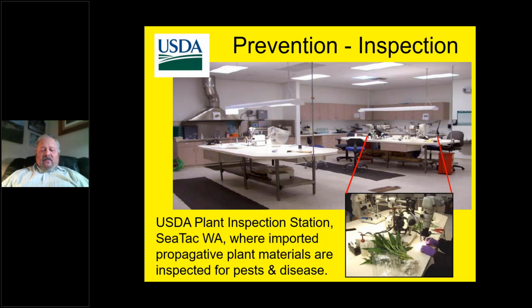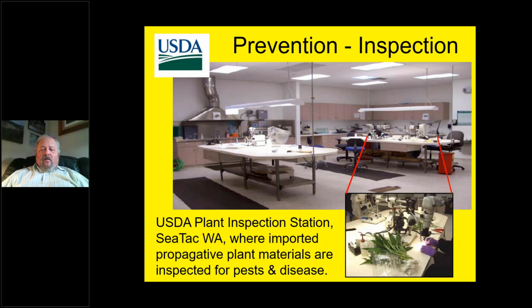And in this case, imported propagative materials are inspected for pests and diseases across the United States near ports of entry. There are 17 or 18 what are called plant inspection stations that USDA has that have as one of their primary functions the inspection of live plants and plant parts for pests. And so this is an important function.